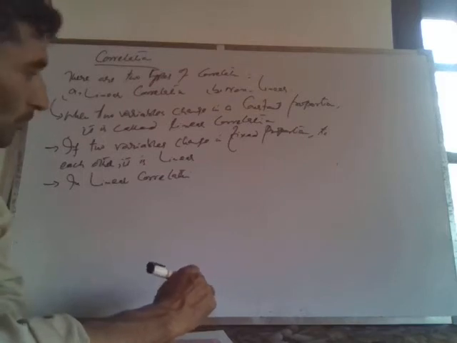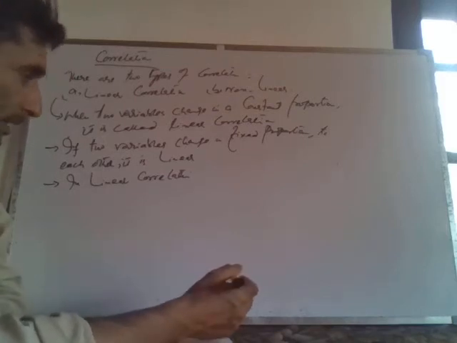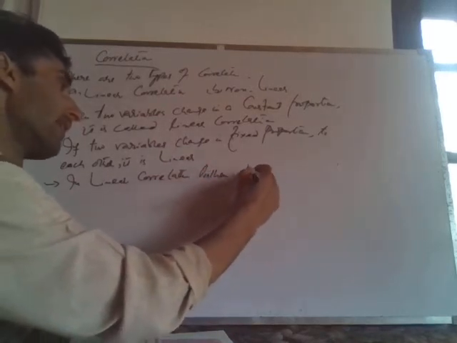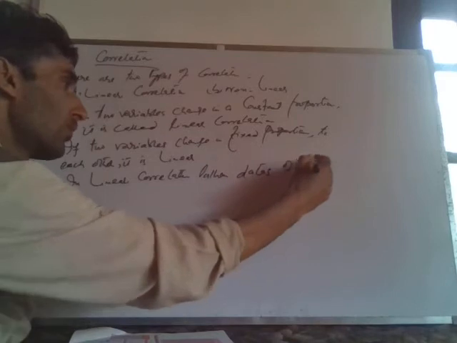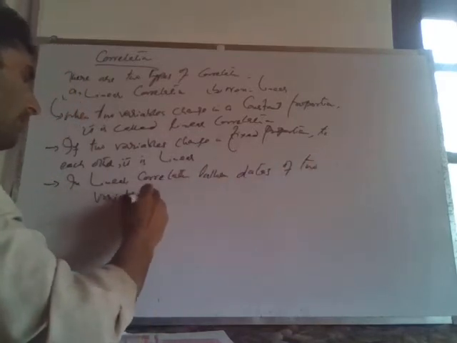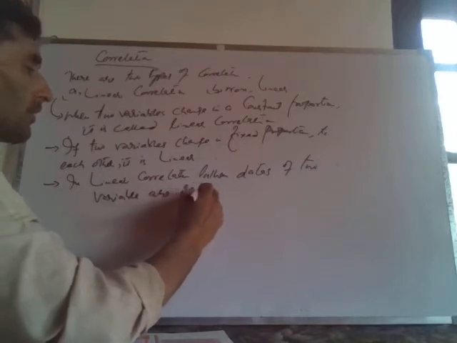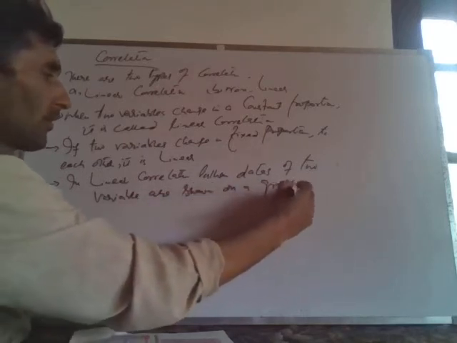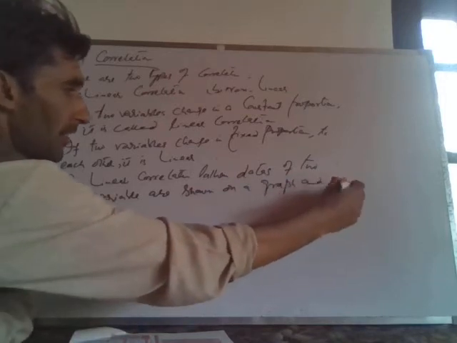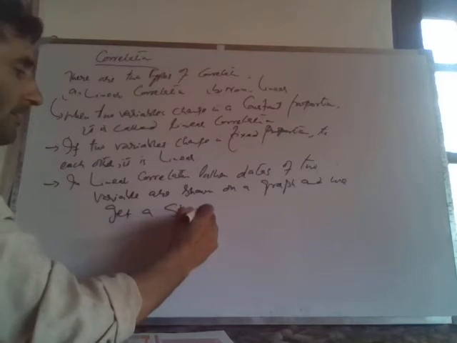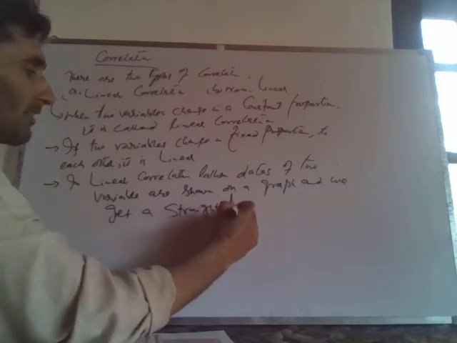in linear correlation, when data of two variables are shown on a graph, we get a straight line.